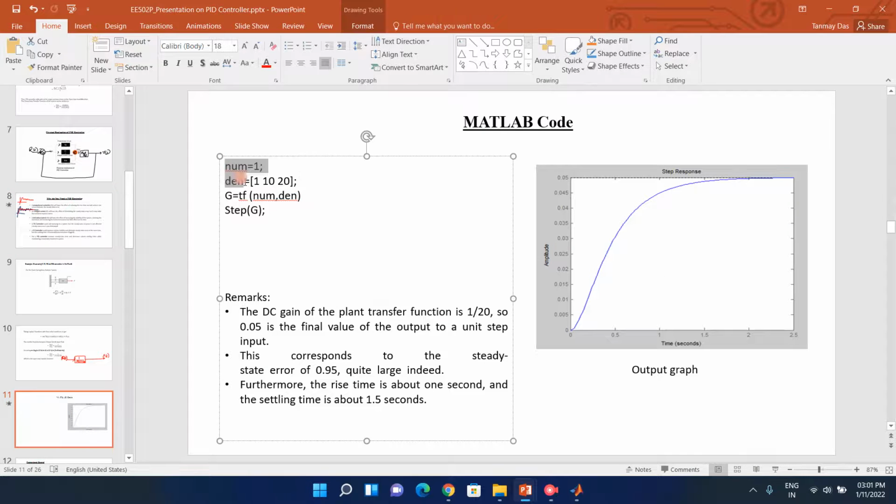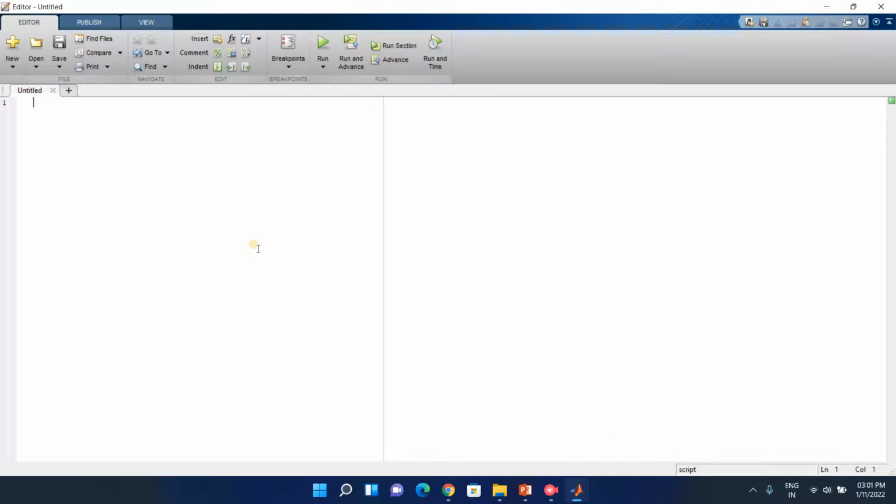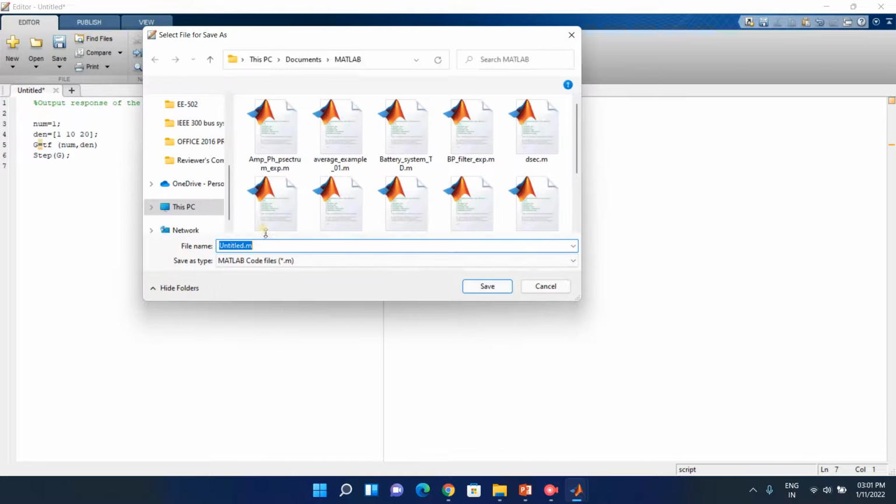So I'm opening the M file. Now I'm taking the Matlab code. I'm naming it output response of the open loop system. This is a comment.